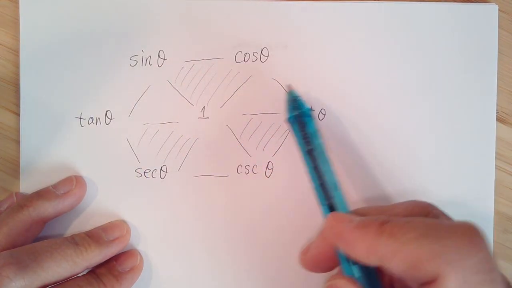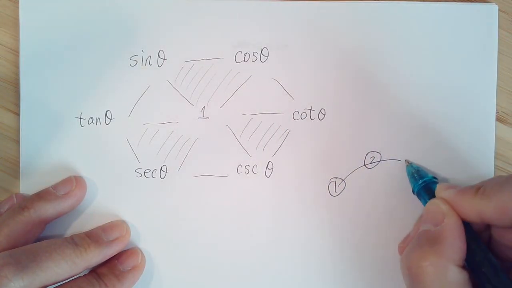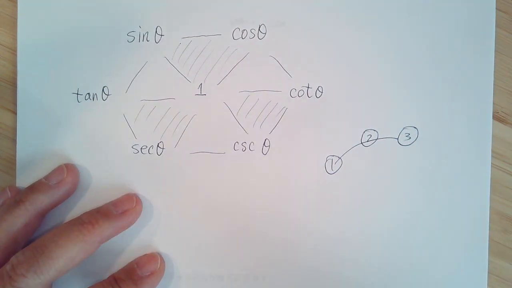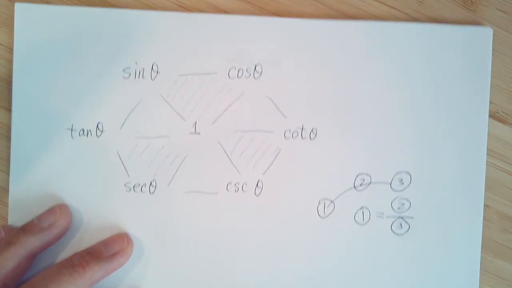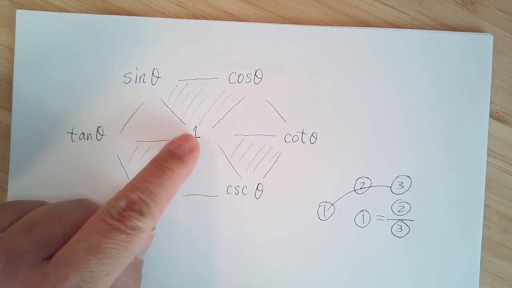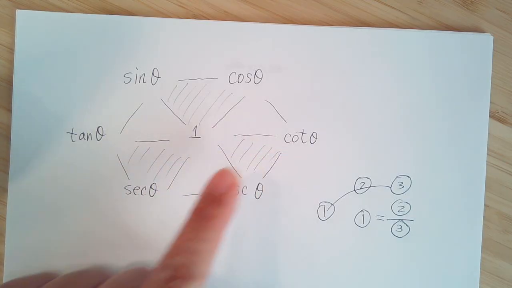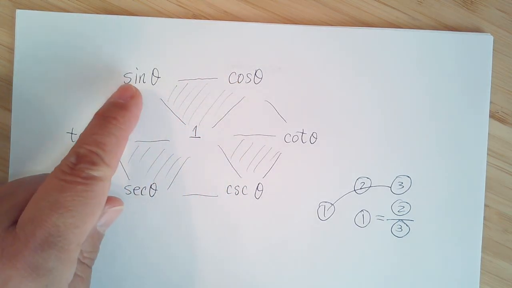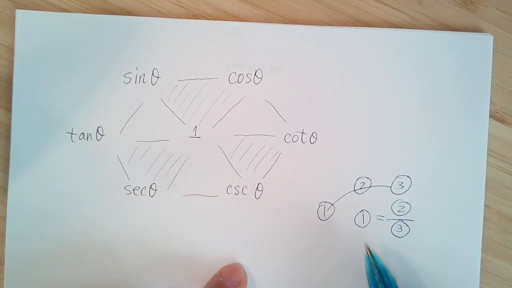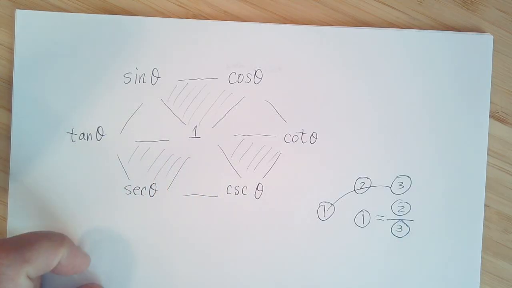So as long as you go by whatever order you go, here's the first term, here's the second term, here's the third term. No matter if it's curved or straight, 1 is always the second term over the third term. Now let's see. Sine is 1 over cosecant. Tangent is 1 over cotangent. Secant is 1 over cosine. And the cosecant is 1 over sine. See, you can also go backwards. It doesn't matter which direction. You can go this way or this way. So cotangent is 1 over tangent. Did you see that this graph showed you all the reciprocal identities?